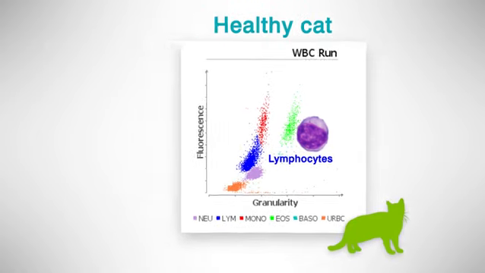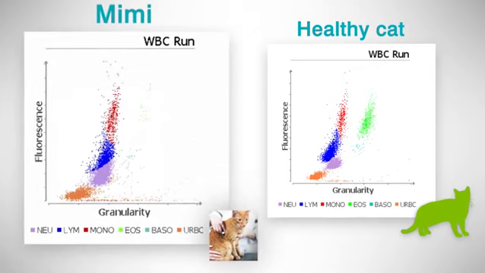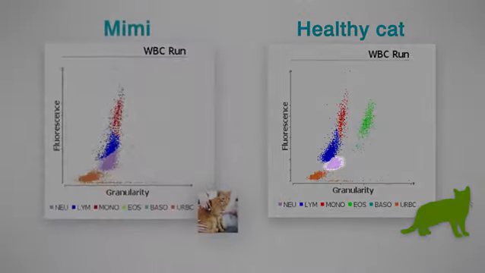In comparison to a WBC dot plot from a healthy cat, note the difference in Mimi's dot plot, in which there is no clear division between the clusters of digitized events identified as neutrophils, purple dots, and lymphocytes, blue dots. The cluster appears to be a single population of cells with a continuum of digitized events extending upward from the normal location of neutrophils.